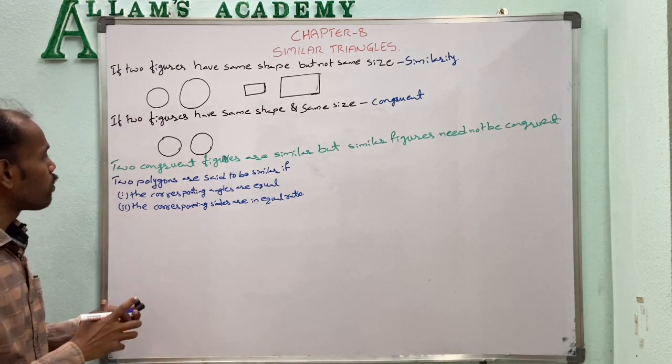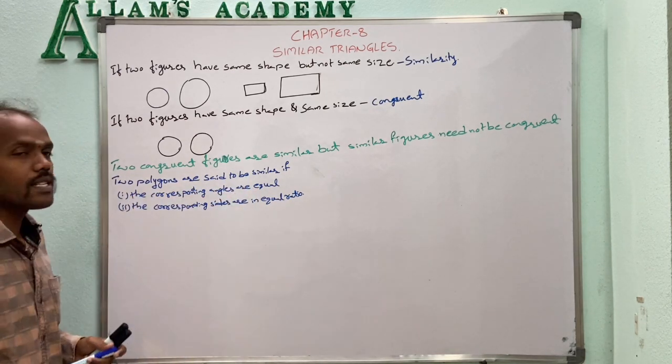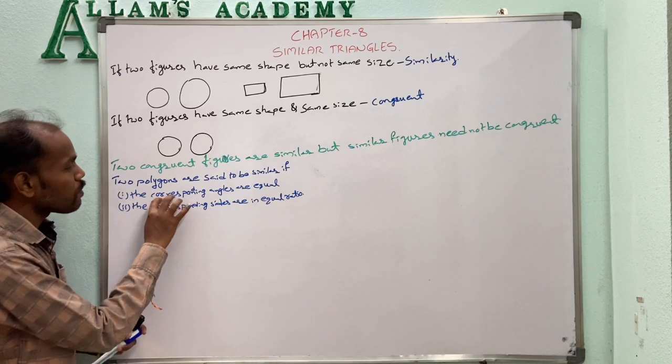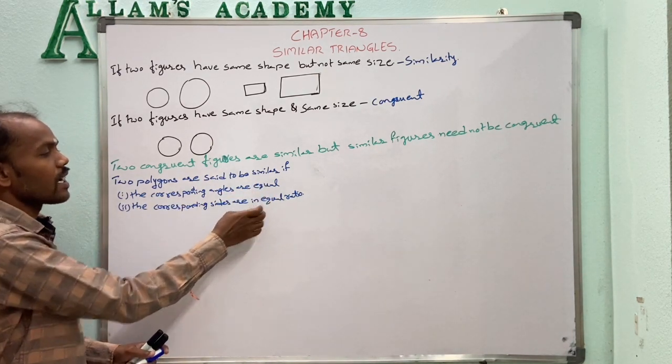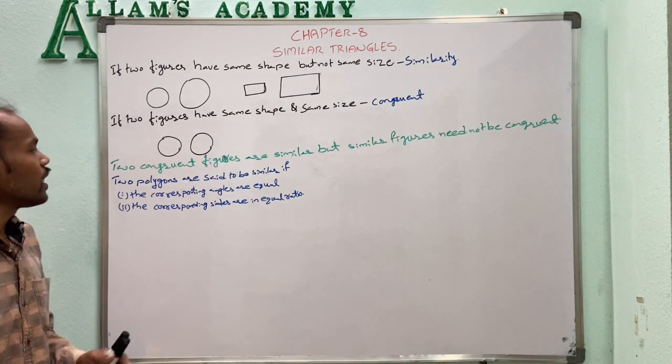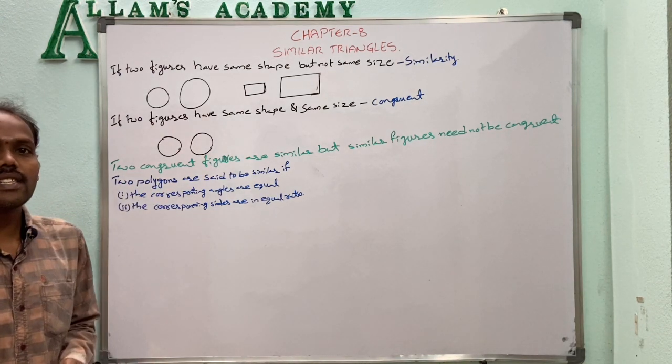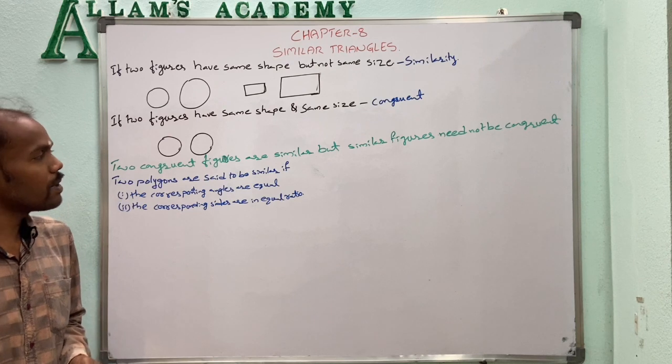So two polygons are said to be similar if the corresponding angles are equal and the corresponding sides are in equal ratio.